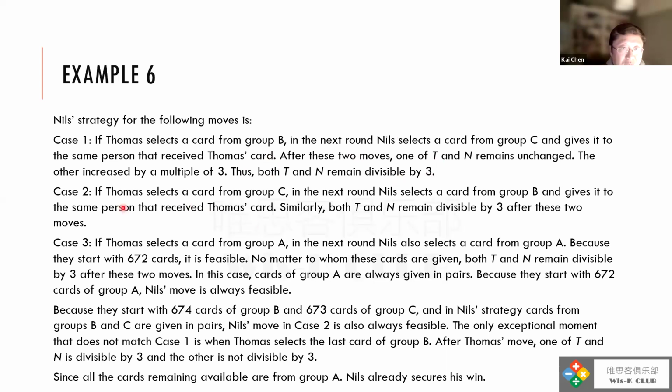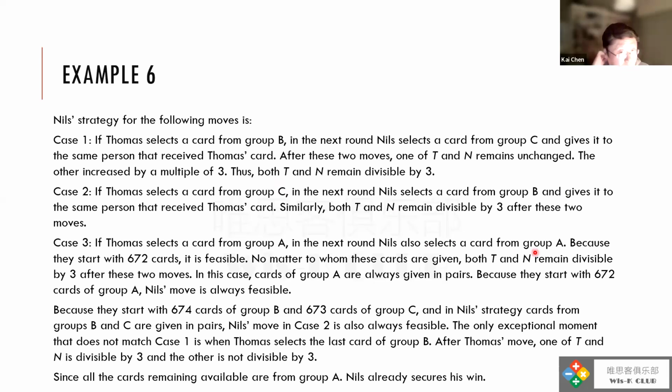Same if Thomas selects a C card, meaning remainder 2, and Niels selects a B card instead. For the same reason, he gives it to the same person, and the difference between T and N is still a multiple of 3. And if Thomas selects an A card, of course Niels can also select an A card.